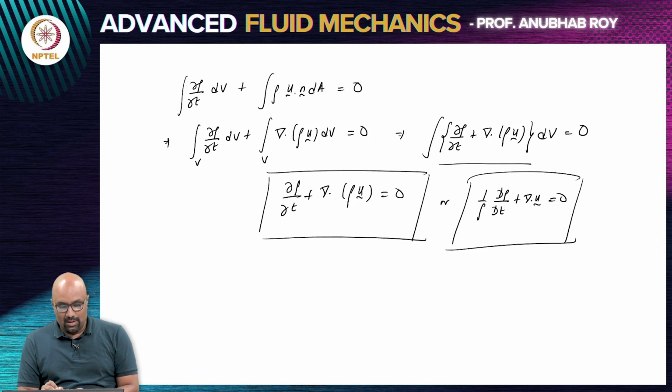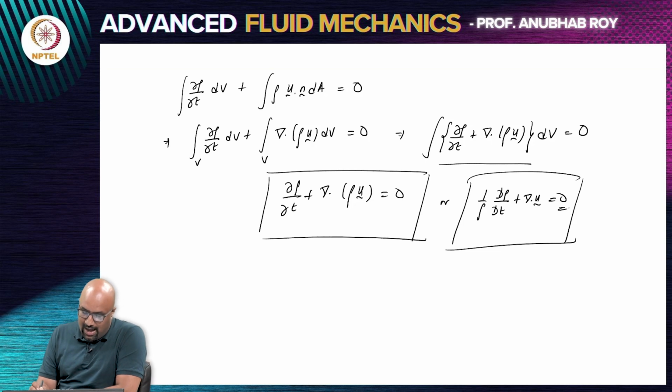Now, this basically applies to any kind of flow, any kind of density variation. There is no assumption being made other than the fact that you do not have sources or sinks of mass in the problem. If you were to have sources or sinks of mass in a particular problem, then the right hand side which you have equated to 0 needs to be replaced with the strength of that source or sink that is there.